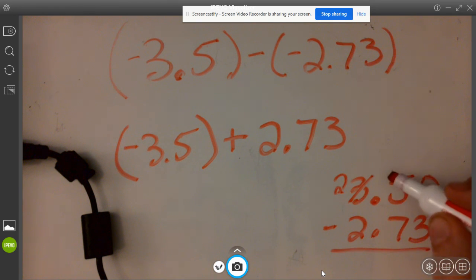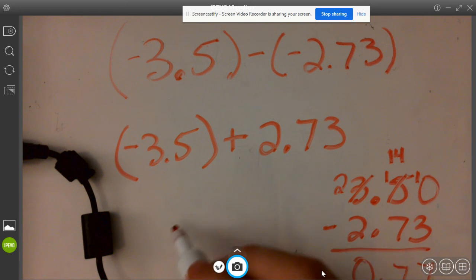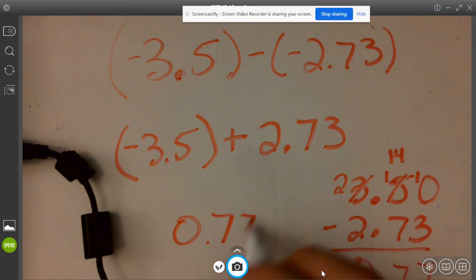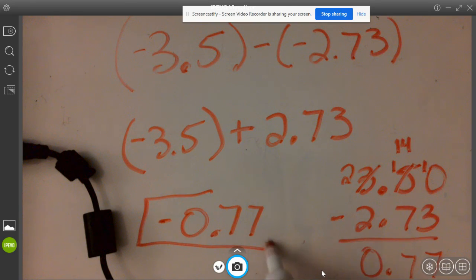Make this a 2. Make this 15. Borrow from that and make it 14. And then make this final thing 10. So 10 minus 3 is 7. 14 minus 7 is 7. 2 minus 2 is 0. So 0.77. The bigger number is the negative 3.5, so we're going to make our answer negative.